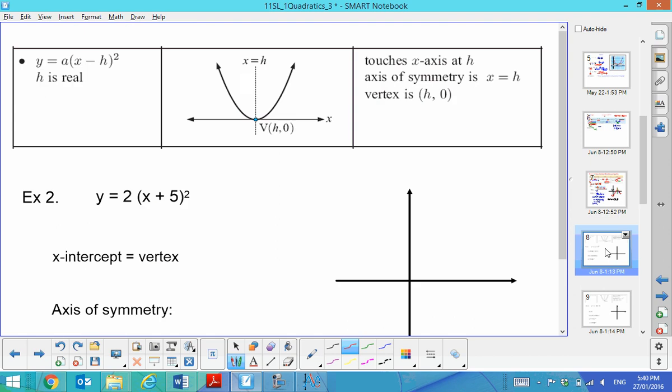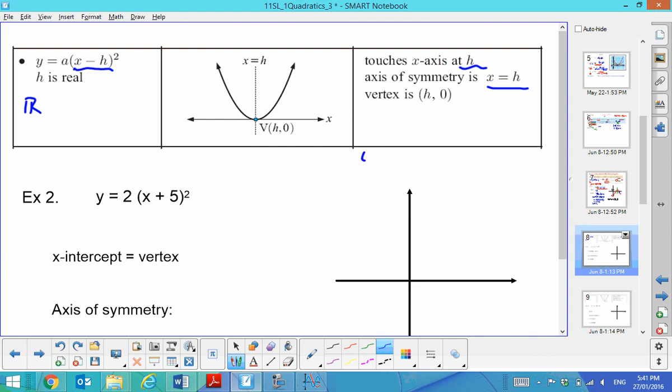Next one, if we have a graph in this form, it's in factored form, but what do you notice? Only one root, so that means h is a real number, again, and we're going to have it touching the x-axis, so we'll only get one x-intercept, and that intercept is at the vertex. So it touches at h, the axis of symmetry is x equal to h.